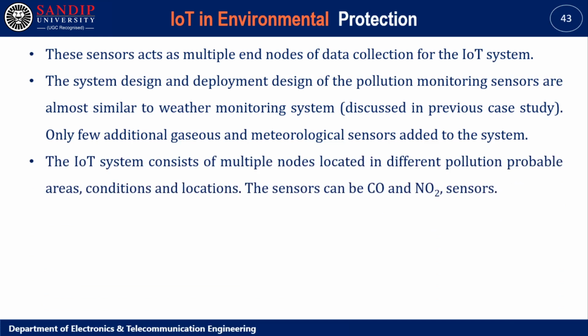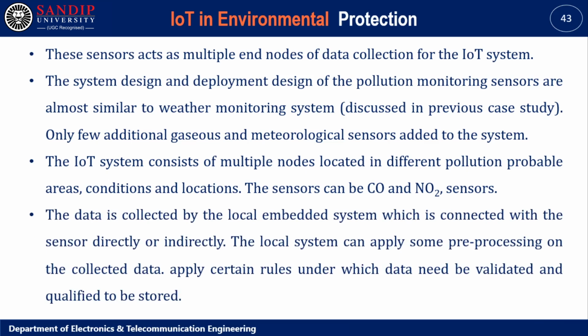The IoT system consists of multiple nodes located in different pollution-probable areas, conditions and locations. These sensors can be CO and NO2 sensors. The data is collected by the local embedded system which is connected with the sensor directly or indirectly. The local system can apply some pre-processing on the collected data, and apply certain rules under which data needs to be validated and qualified to be stored.